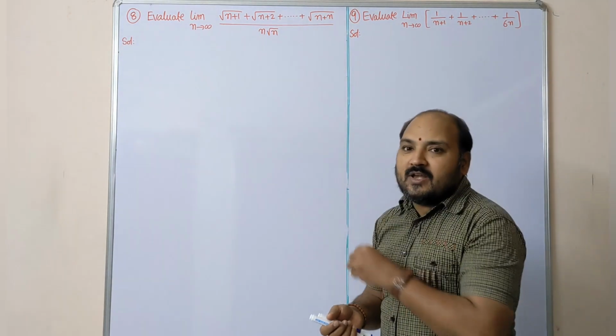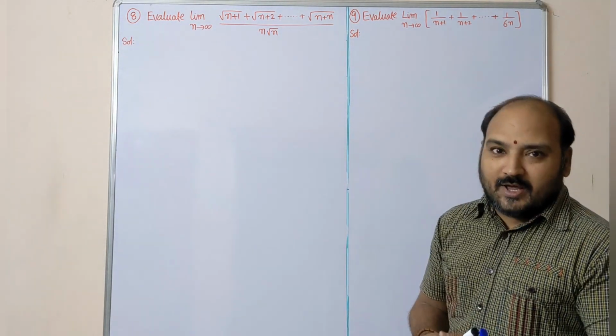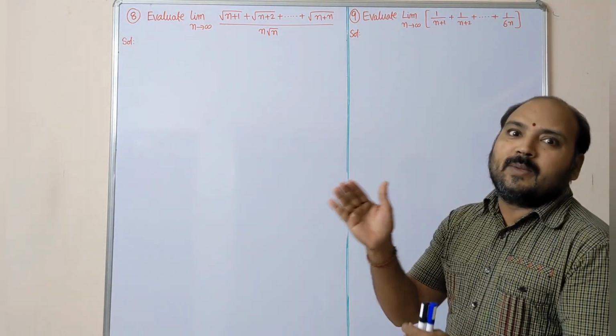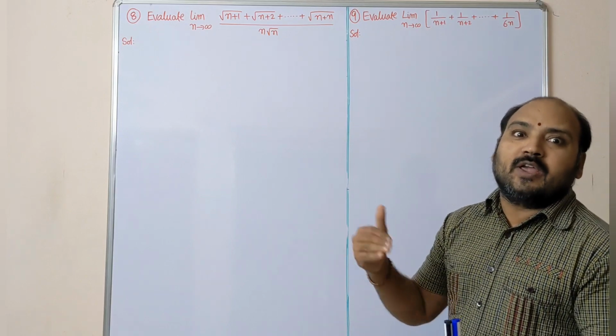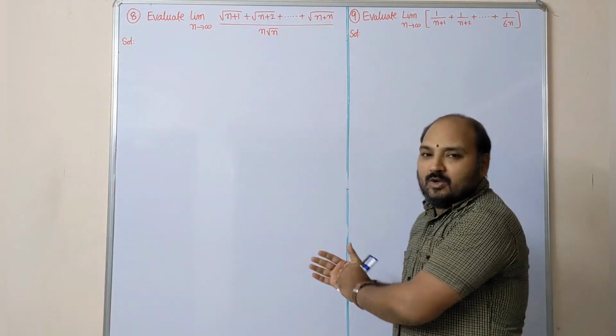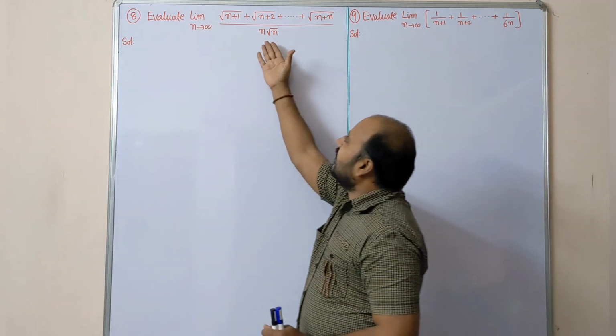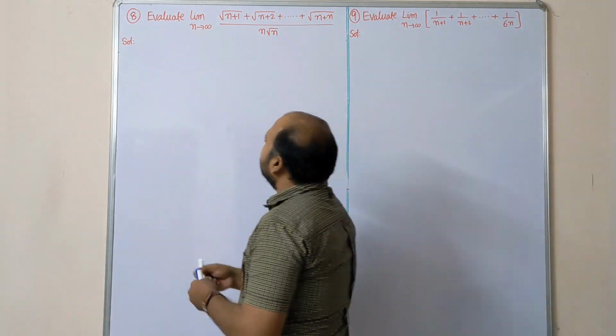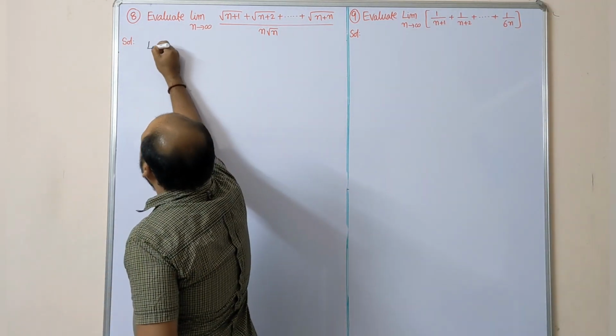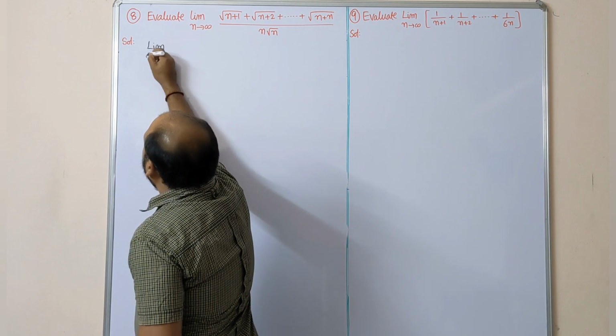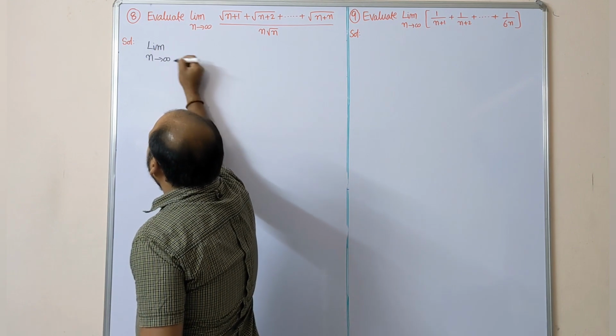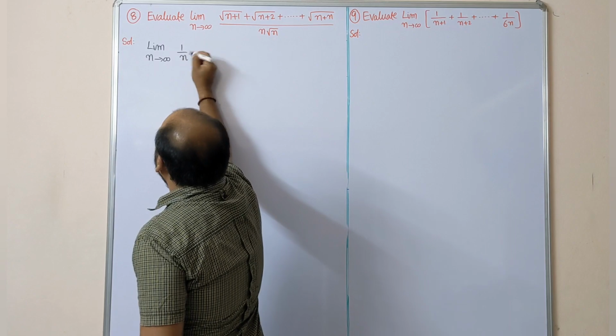First, the given limit you have to write in the form of limit n tends to infinity 1 by n, after that some other value. So 1 by n, here n is there now, that we can write as the given limit n tends to infinity 1 by n.